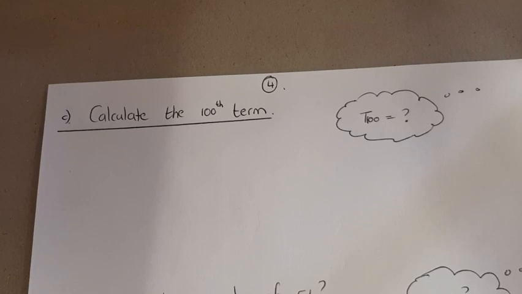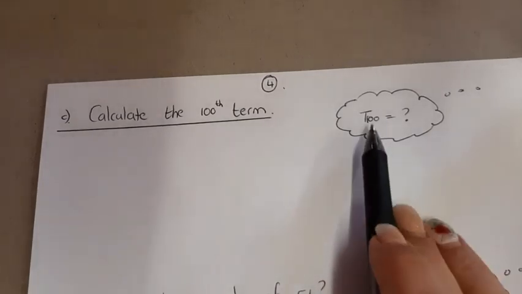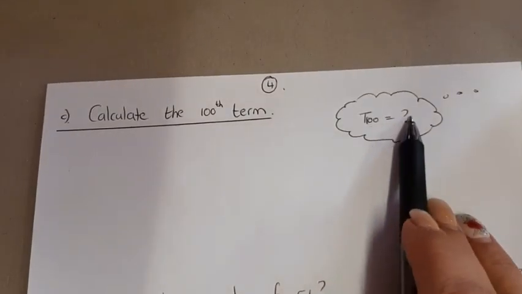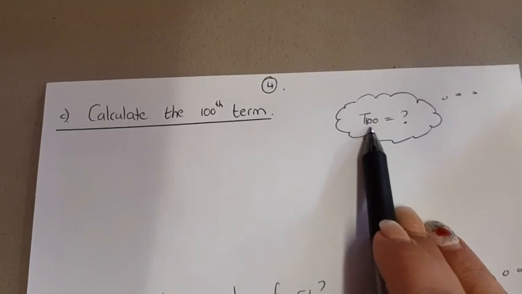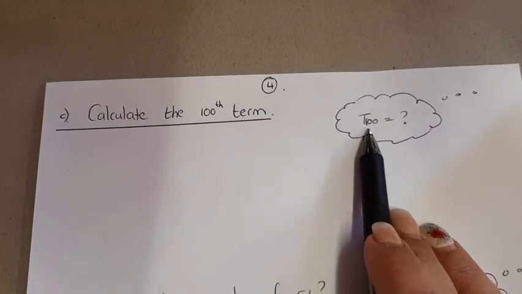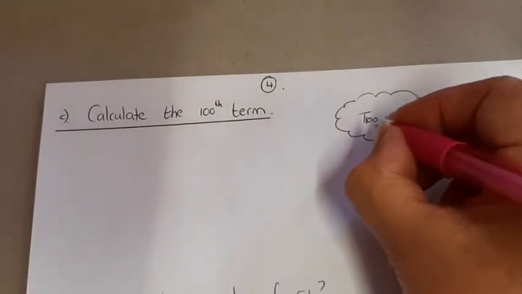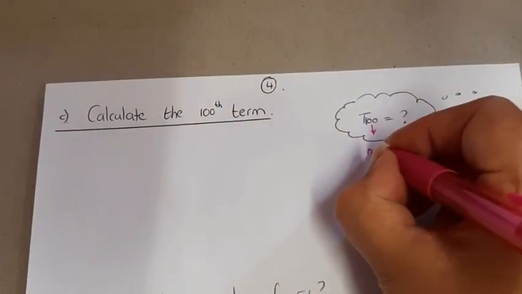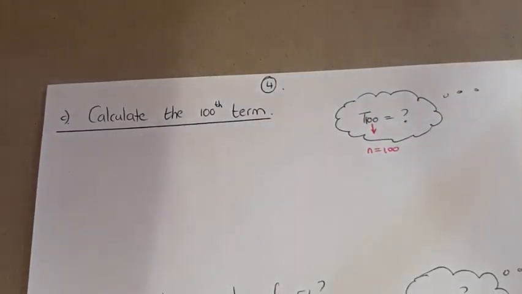The next question that I can ask you is to calculate, let's say, the 100th term. Therefore, we want to know what is the value of T100. That is actually very easy. The 100 stands in the place of n. So n is 100.